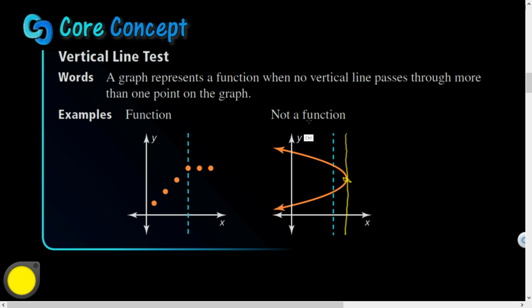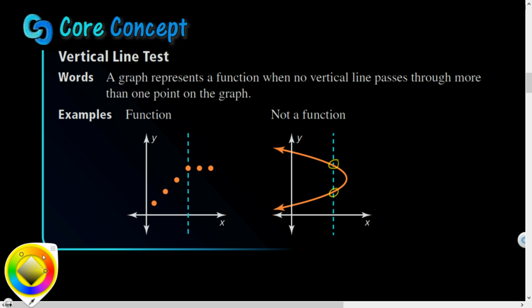But then the problem occurs like the ones drawn here, or here, where it's hitting multiple points. That one input, remember the input is the x-axis, is hitting multiple outputs. So it fails the vertical line test, because it hit multiple points at once.